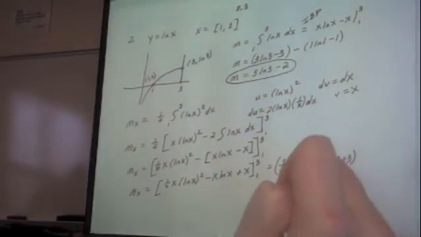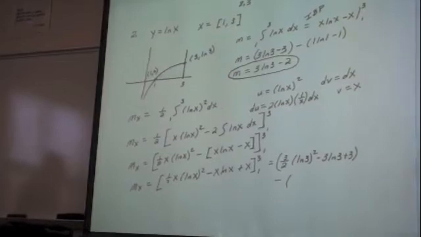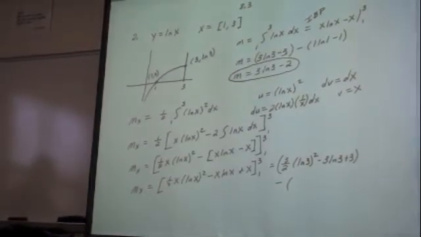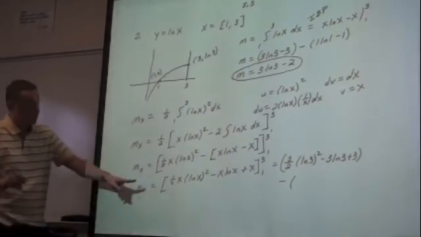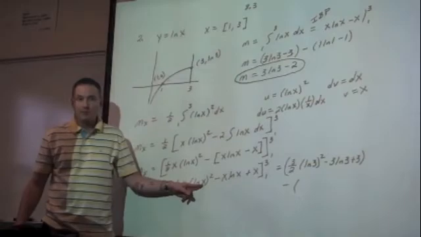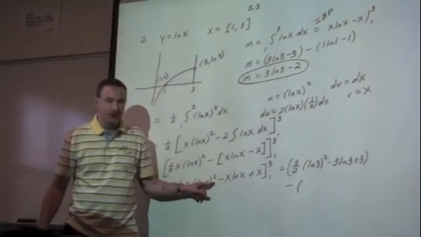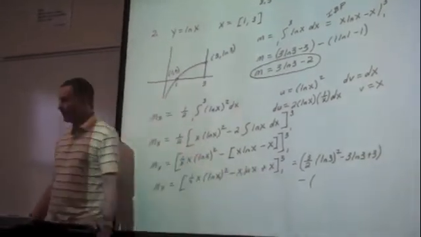And I'll say we need to subtract from that when we evaluate this at 1. And I thought I wouldn't have room, so I brought it down to the next line. But there's actually not much to worry about when you evaluate it at 1, because we know the natural log of 1 is 0. This entire first term is 0. The entire second term is 0. All I would have is a 1 for the x.